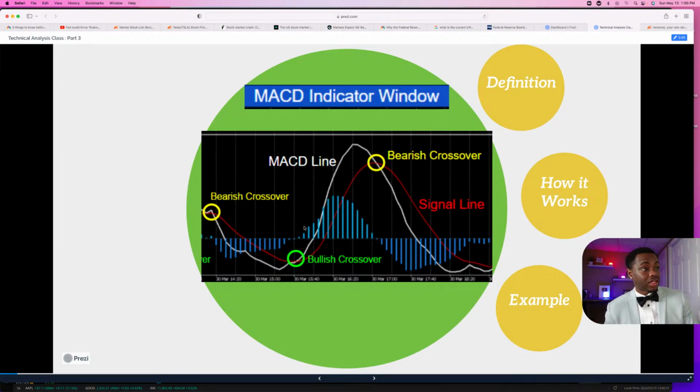If you see the MACD, the white line, cross up, this is bullish, meaning we've got some positive momentum. So it's an indicator of strength or weakness, right? If you see the white MACD line cross up, that means we're going up. But if you see it crossing down, it means we're coming down. And again, technical analysis is never 100%, but these are the indicators that show you strength or weakness.